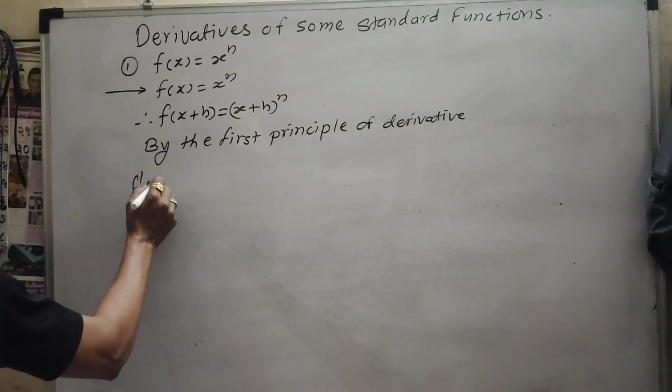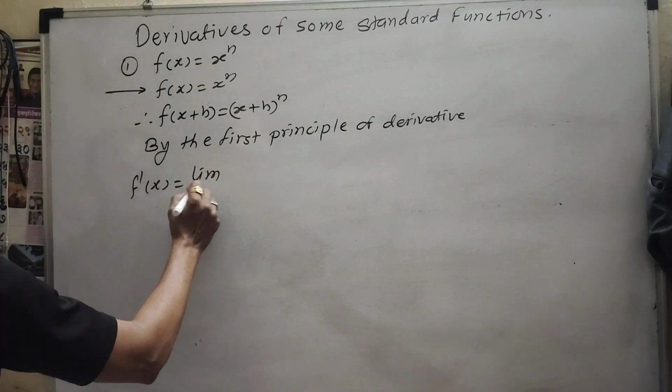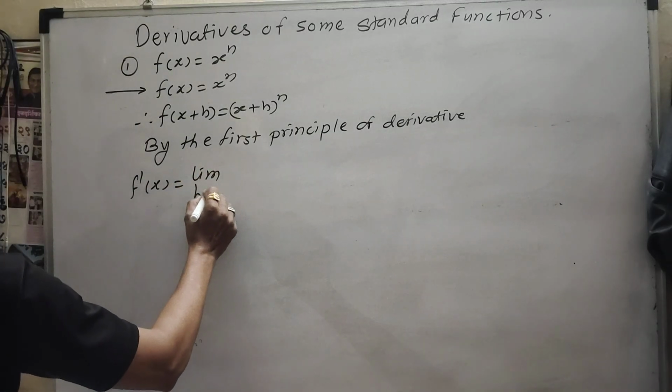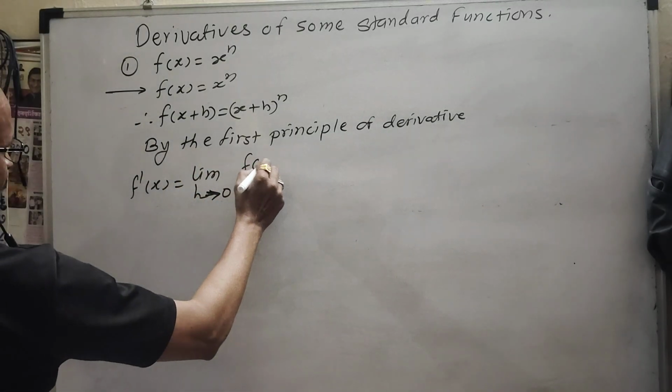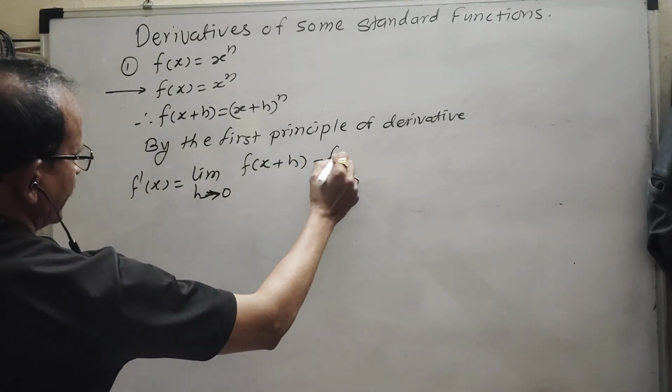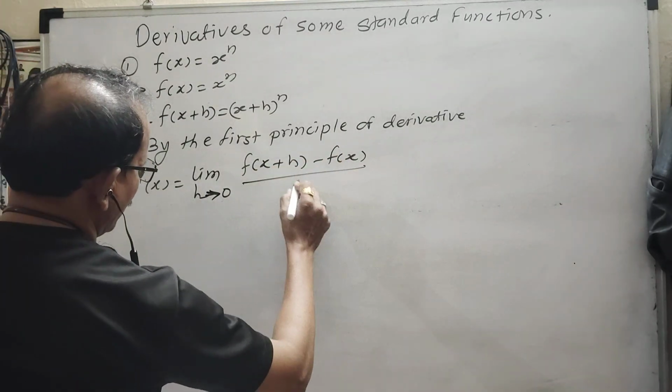f dash of x is equal to limit h tends to 0, f of x plus h minus f of x upon h.